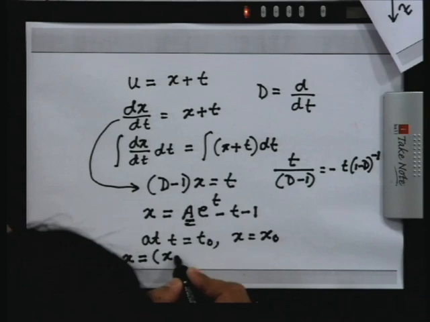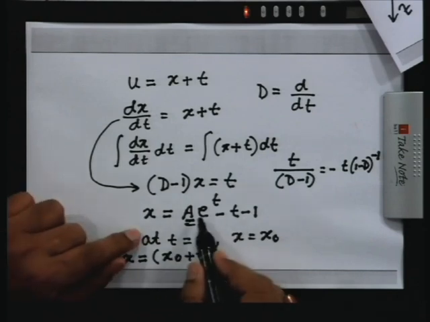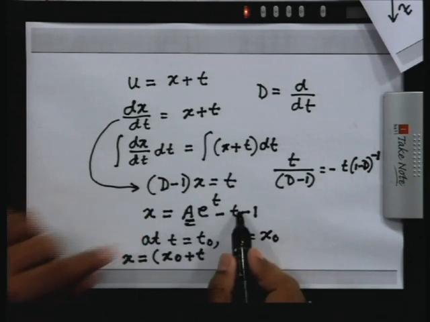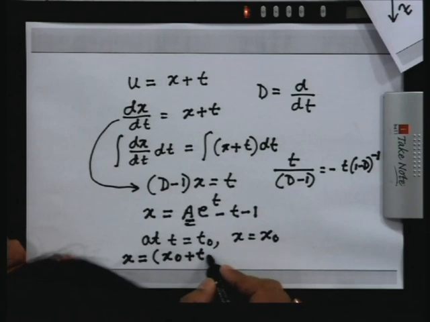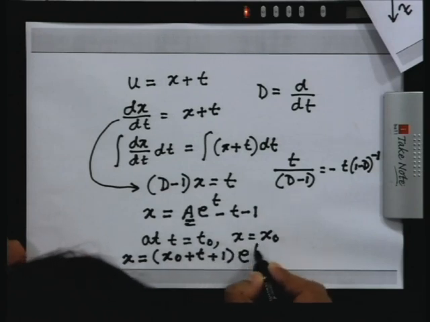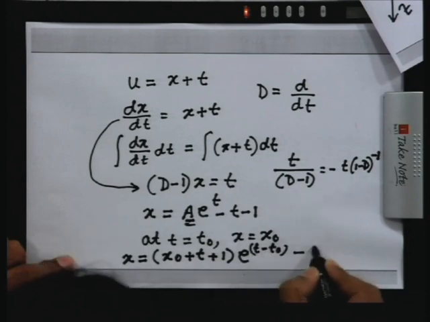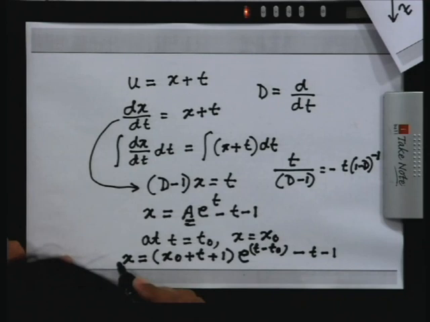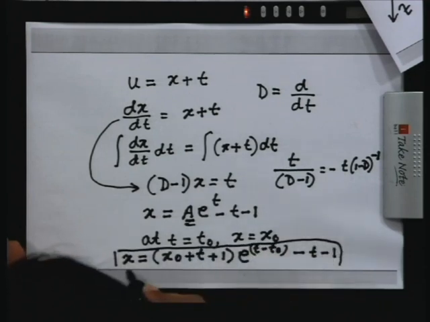This is a simple substitution: you put t is equal to t0, x is equal to x0, you get the value of a, then you put the value of a, and you get the equation plus a e to the power t minus t0 minus t minus 1. So this is precisely the Lagrangian version.